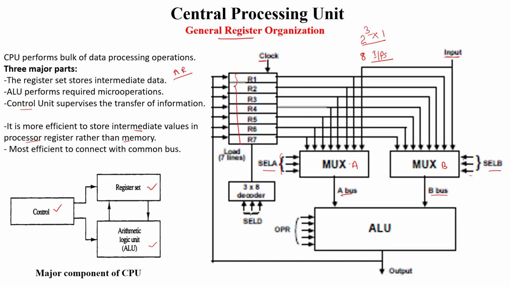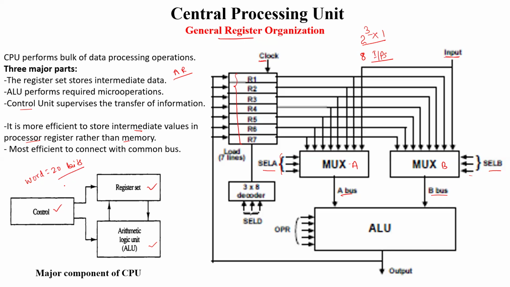Next we are going to see how we are getting the values of selection line A and selection line B. So actually, where is it coming from? From the word of the control memory. In the previous lecture, we have seen a word size of 20 bits in the control memory, and these 20 bits have different roles.